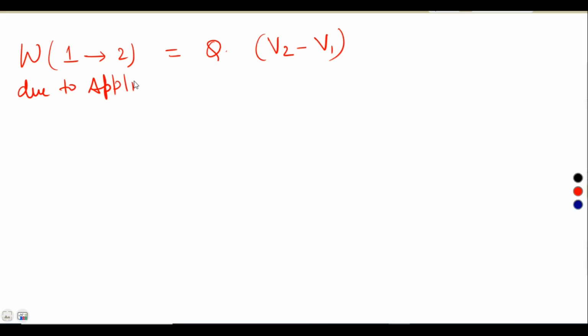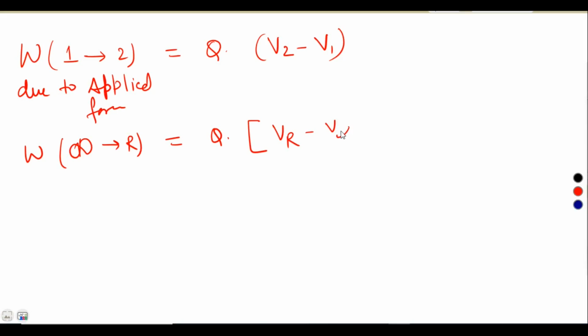We have to find work done when we move an electron from infinity to point R, right? So its answer will be Q into potential of R minus potential of infinity, and potential of infinity is basically 0.